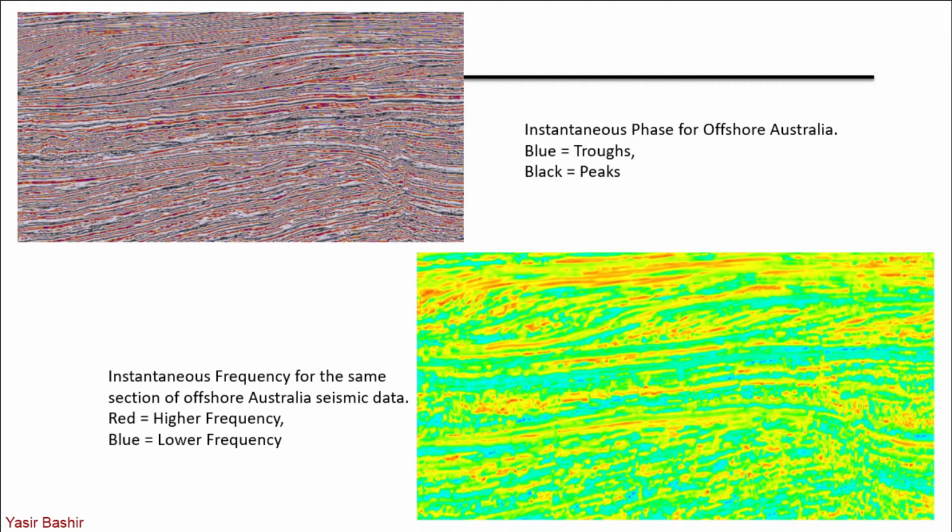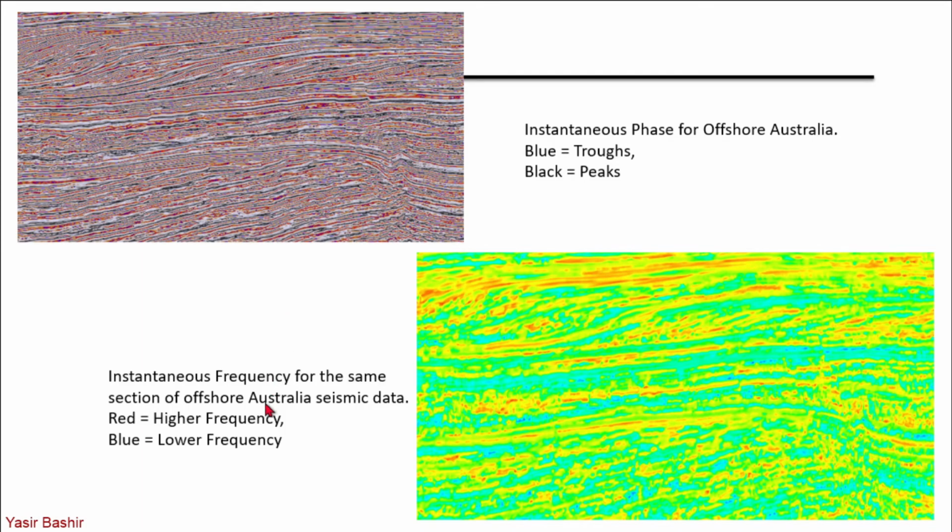Further, we have applied instantaneous phase as well as frequency on this data. On the top left we have the instantaneous phase, where the dark blue shows the trough, black shows the peak, and red is in between, the shallow horizontal reflections.